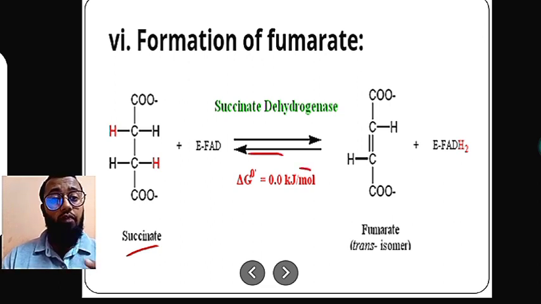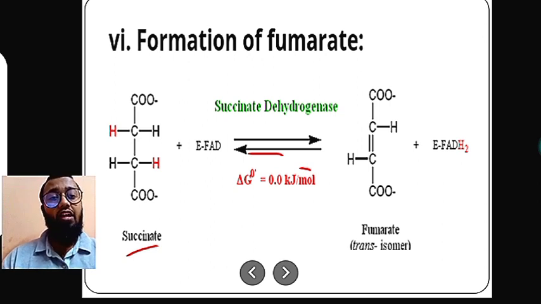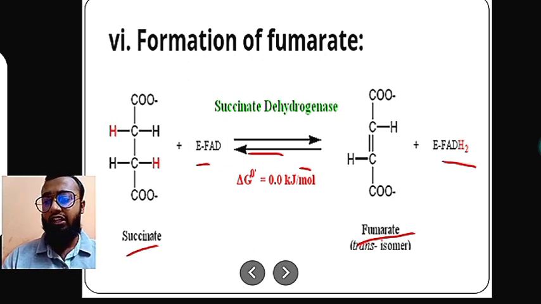We have seen many reactions, and this reaction is also a reversible reaction. Remember students, when the succinate reacts in the presence of succinate dehydrogenase enzyme and FAD as a cofactor, there is a formation of fumarate and FADH2.